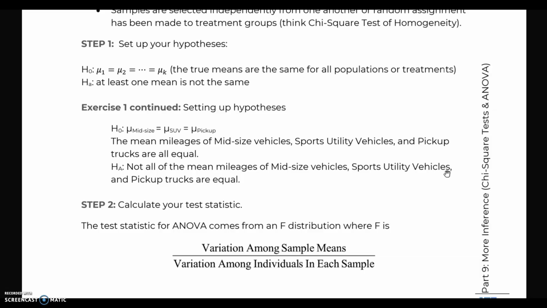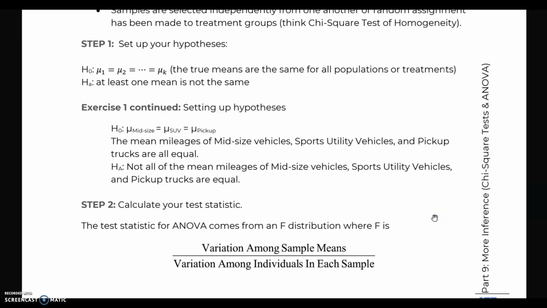So we look at the mean gas mileage from midsize cars, SUVs, and pickups. And our null hypothesis is that the mean gas mileage is the same for all of these groups. The alternative is not all the means are equal. And then we calculate our test statistic.